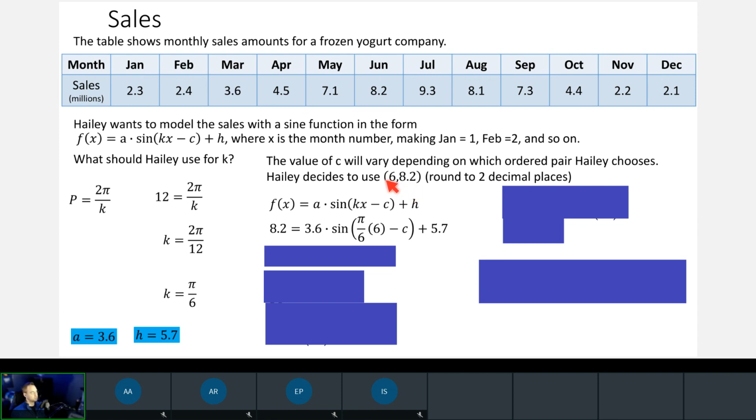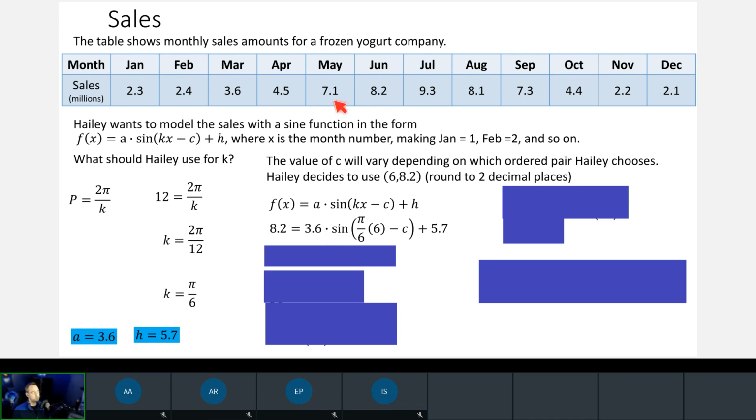So 6 is the 6th month, so that's June. So we're using June and 8.2. We're plugging this in to this equation we derived with what we currently have, and we're doing this to figure out what C is, what the phase shift is.